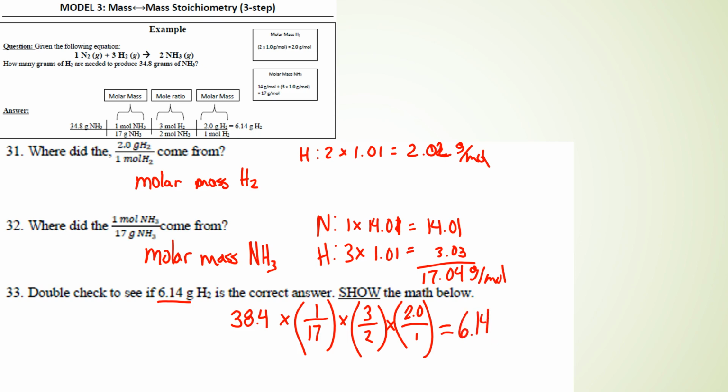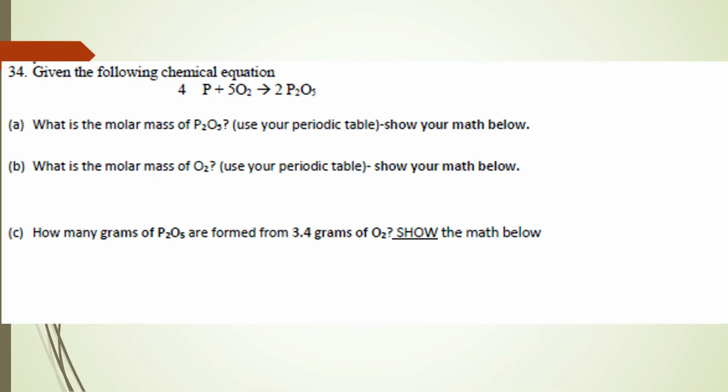And you should come up with 6.14 if you did that correctly. All right, questions on that? So let's look at this in use and in context. All right, so question number 34. I want you to take a minute and do parts A, B, and C on your own. I'm going to set a timer for a few minutes and then we'll go forward.